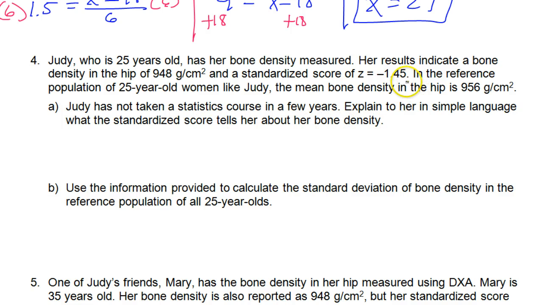So has anybody internalized what z-score tells you? Like, what does z-score mean? There's a phrase that is connected with z-score. Can you tell me? Standard deviation. It's a difference from the mean, but I want to hear that word.